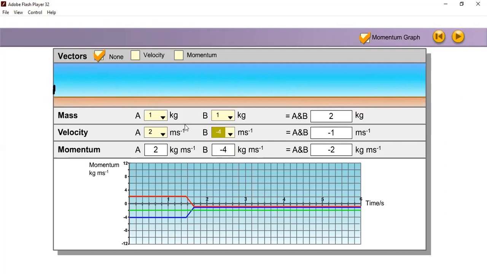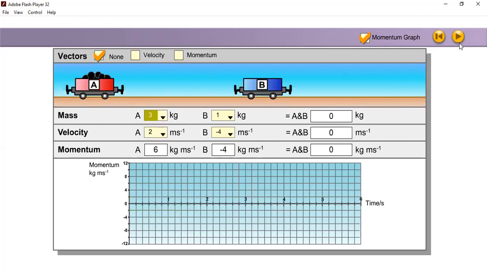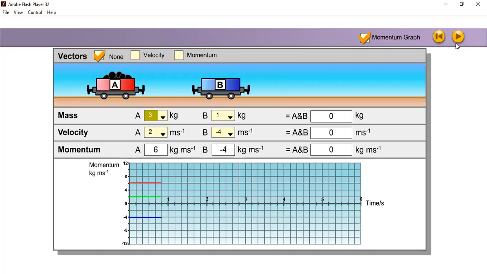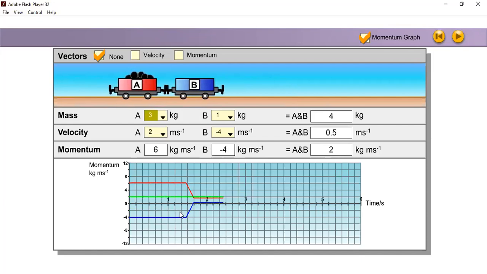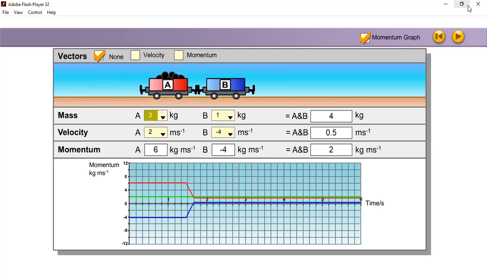The green color shows that it is always constant even if the mass is different, although it moved with greater speed. No matter what, the total momentum, the green color line, is always constant.